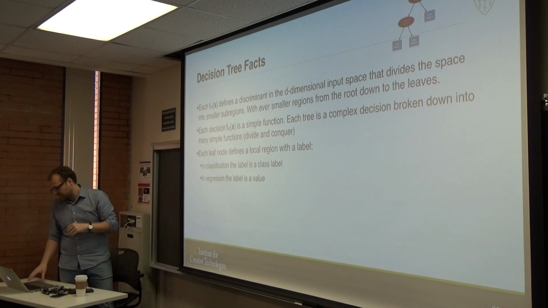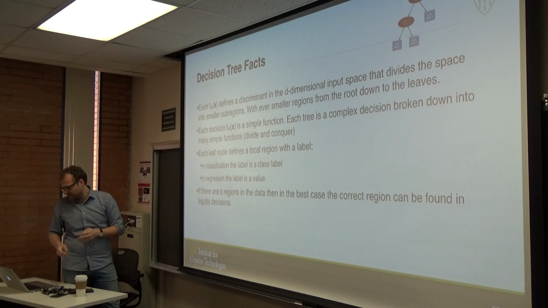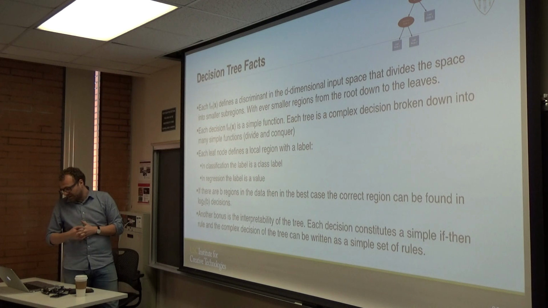We're going to talk about how to do this, and then at the end, once we've learned, we only need log2 b decisions, where b is the number of regions in the tree.